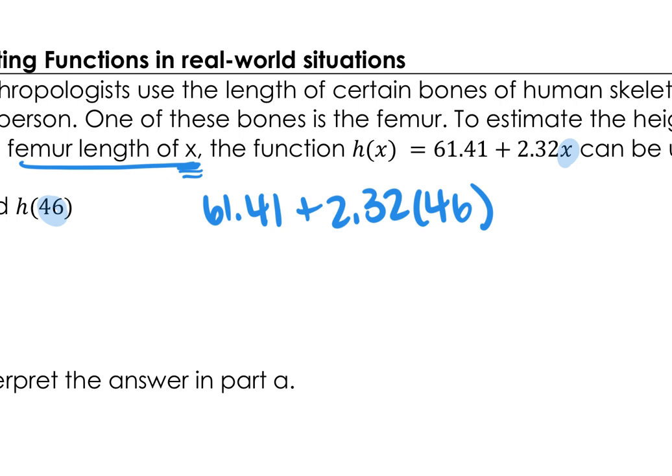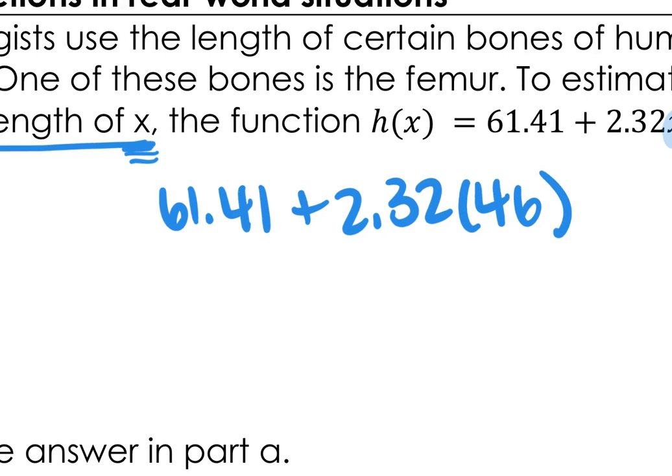And then, again, order of operations is always important, so we need to make sure that we do this multiplication first. So this would be 61.41 plus what? What do we get when we do 2.32 times 46? 106.72.